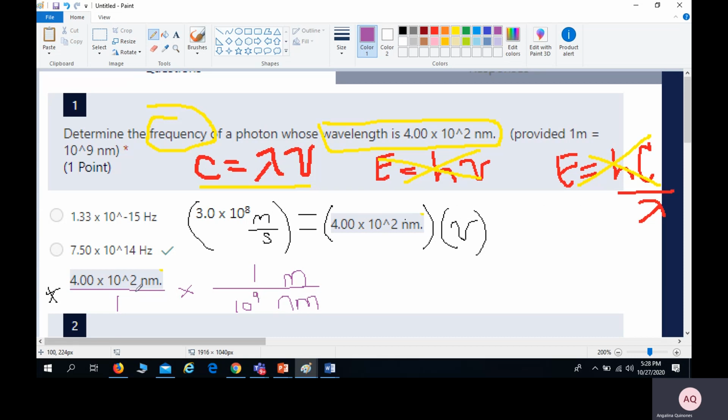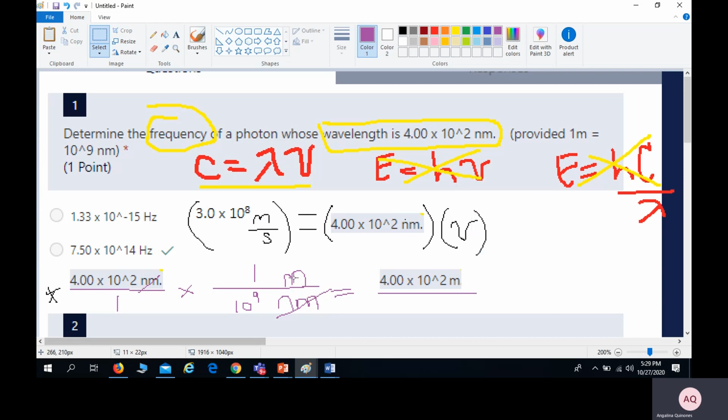Right? Nanometers is in the top, nanometers is in the bottom, it cancels. So we're going to multiply our numerator straight across. So you end up with this number repeated because, again, this times 1 gives you the same thing, except for we no longer have nanometers. The nano got canceled, and so right now the only thing we have is just the meters.